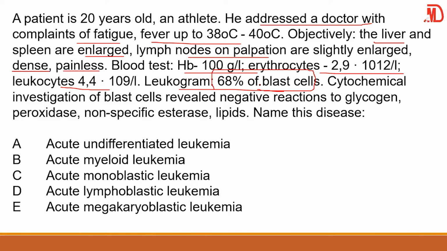The question is saying that cytochemical investigation of the blast cells revealed negative reactions to glycogen, peroxidase, non-specific esterase, and lipids. Name this disease. First of all, having blasts of 68% is a sign of what? Who can tell me? Leukemia. Thank you.